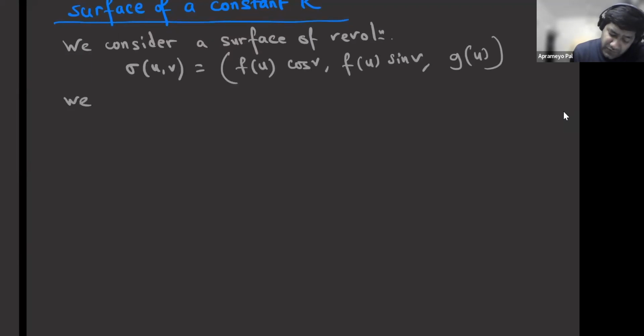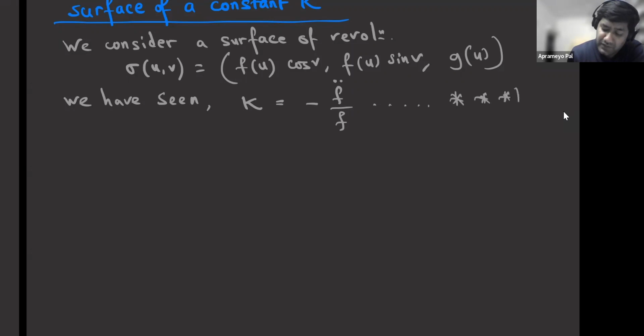For this surface we have already seen that the Gaussian curvature K is given by minus f double dot by f. Let me call this star. We actually computed this.